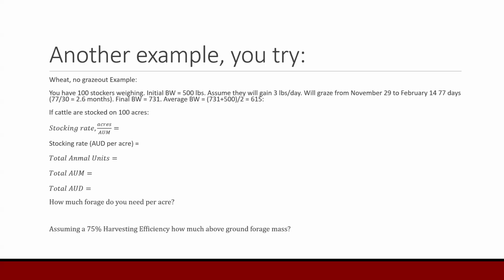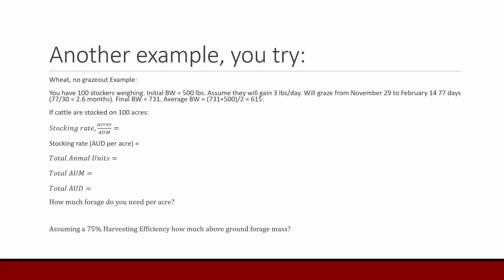So 100 stockers times our animal unit equivalents at 0.615, and they're going to be grazed for 2.6 months. So 100 times 0.615 times 2.6 is what?